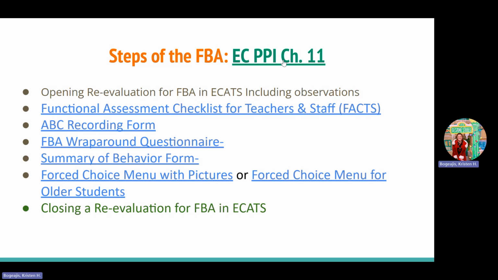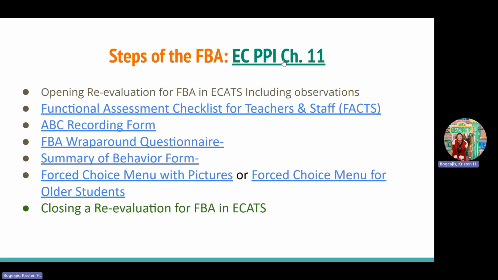Here are the steps for the FBA. You're going to start by opening the reevaluation for an FBA in ECATS, including observations. The next couple of steps can be done in different orders, but most importantly, the first thing that you want to do is open that reevaluation process. After you've opened the reeval, you're going to do the functional assessments checklist or the FACTS.